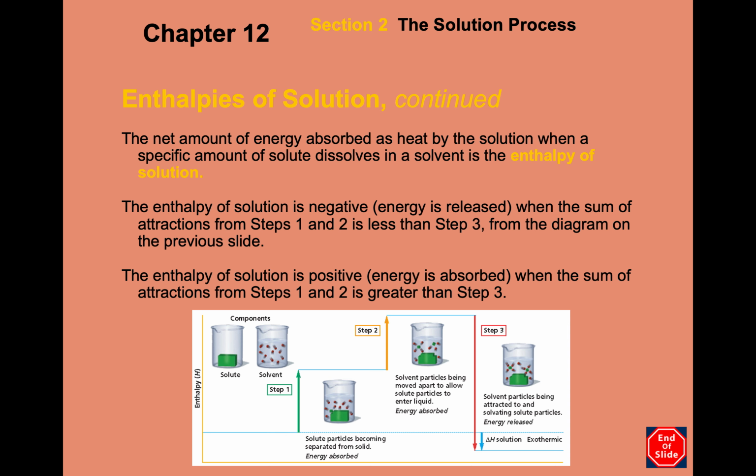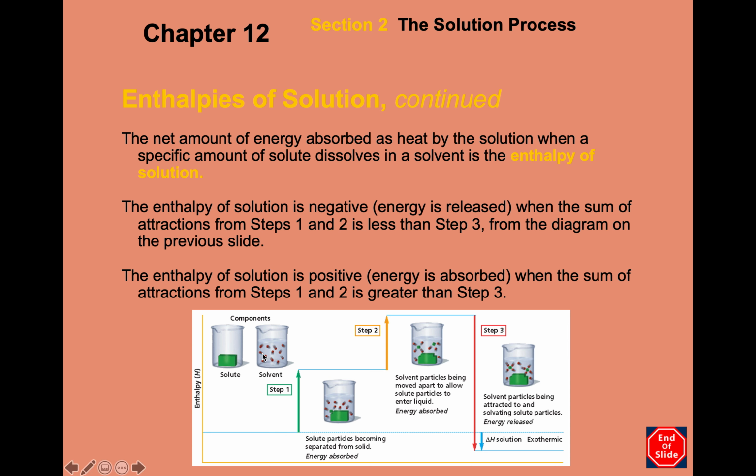And then in step 3, if we reverse the process, we will see that solvent molecules are going to be releasing energy when they are solvated. Solvent particles are attracted to our solid particles, and they're solvating those solute particles. And when that happens, our solvent is actually releasing energy to do it.